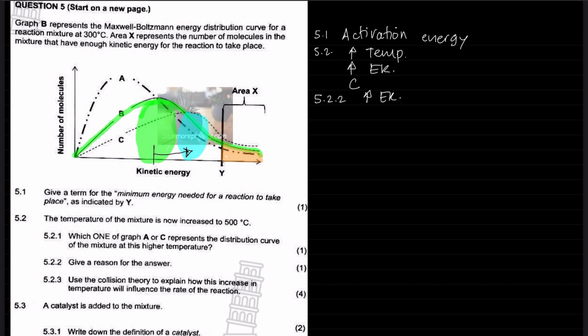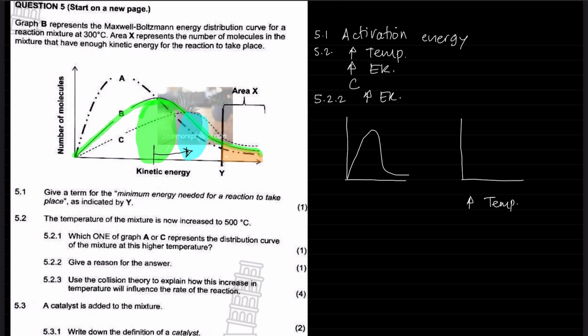Now, an easy way to remember it is if you just learn the curves. So if this is your original curve and you are increasing the temperature, this one is an increased temperature, you should be looking for two things.